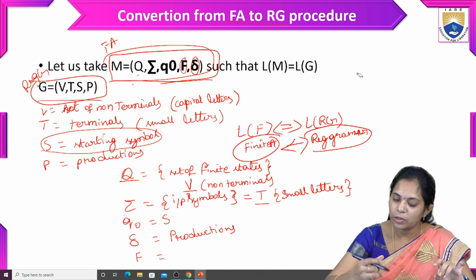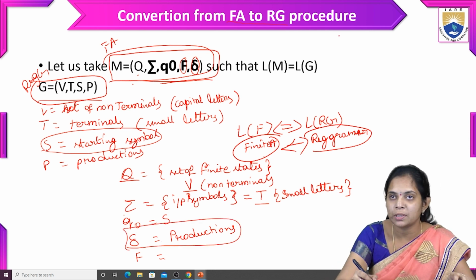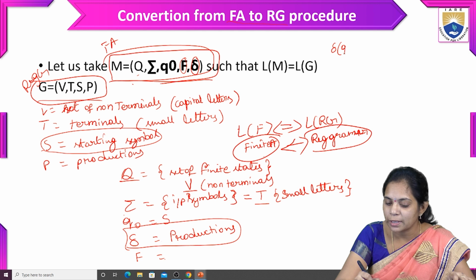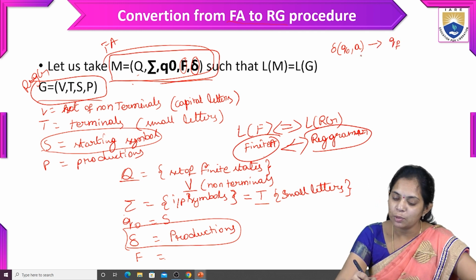Here delta is represented as a production. So how to represent a production? Let us take q naught as an initial state, with the input symbol a it is reaching the final state, that is qf.